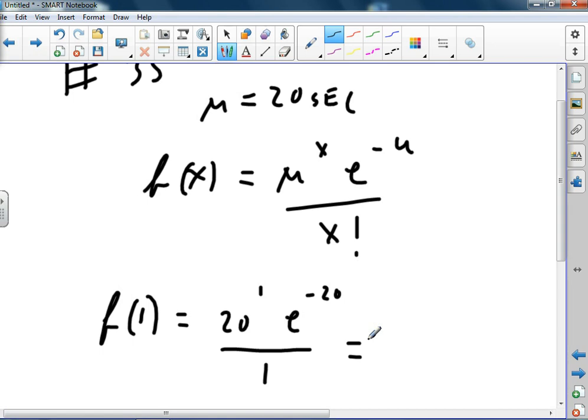Right here, 20 seconds. Oh, 20 is the mean. 1 is the x, there's my 1 factorial. E to the minus 20. That is really small.